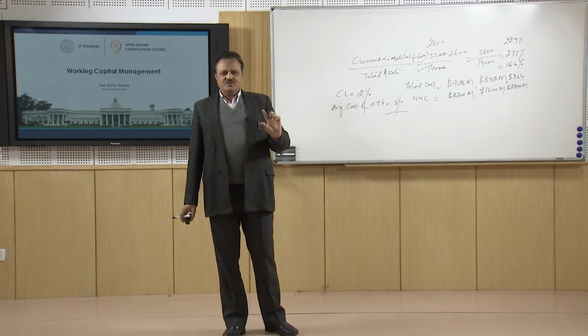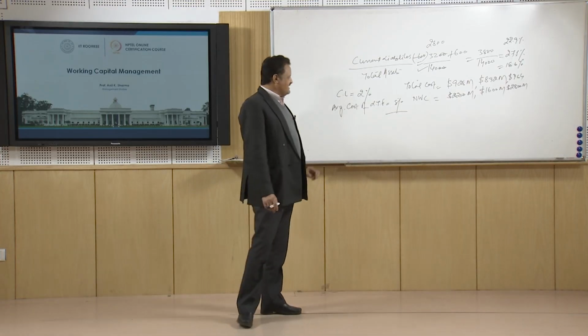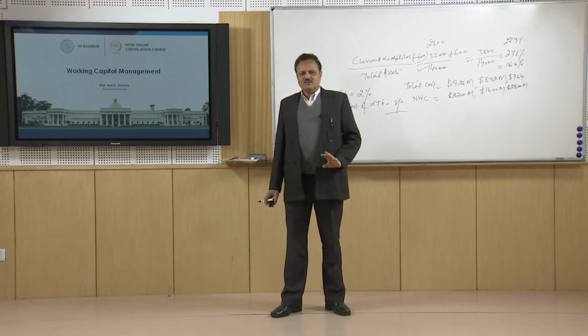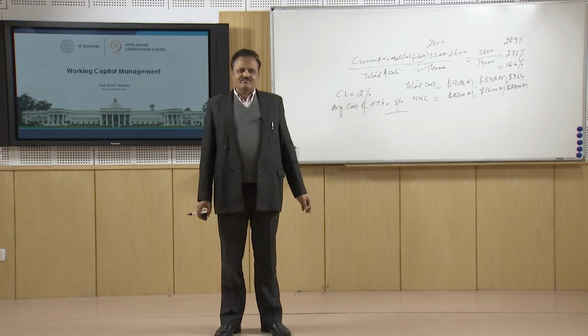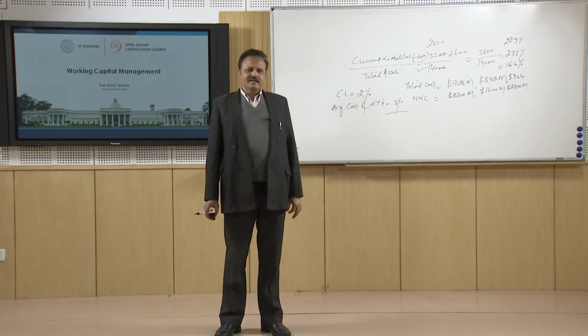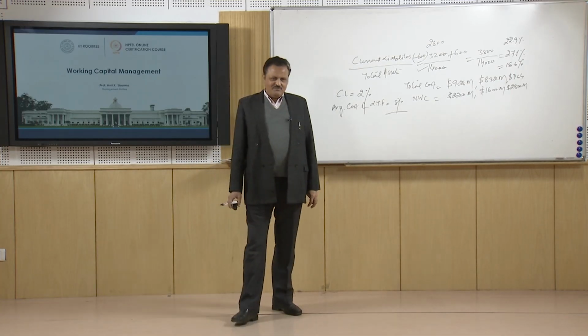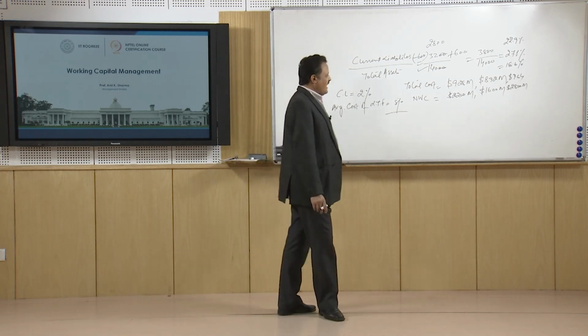Both the measures taken by the finance department of the firm have contributed to increased profitability, decreased net working capital, and ultimately an increase in the risk of the firm. And if it is manageable, if the firm is taking a manageable risk, then there is no harm in it.